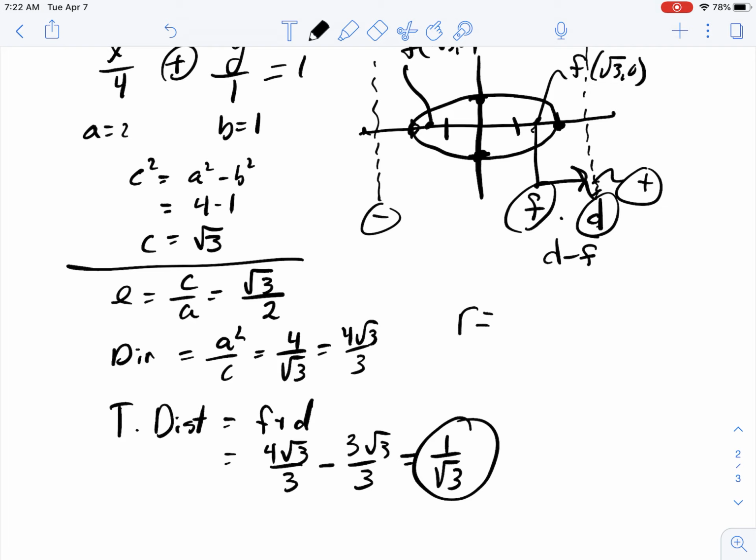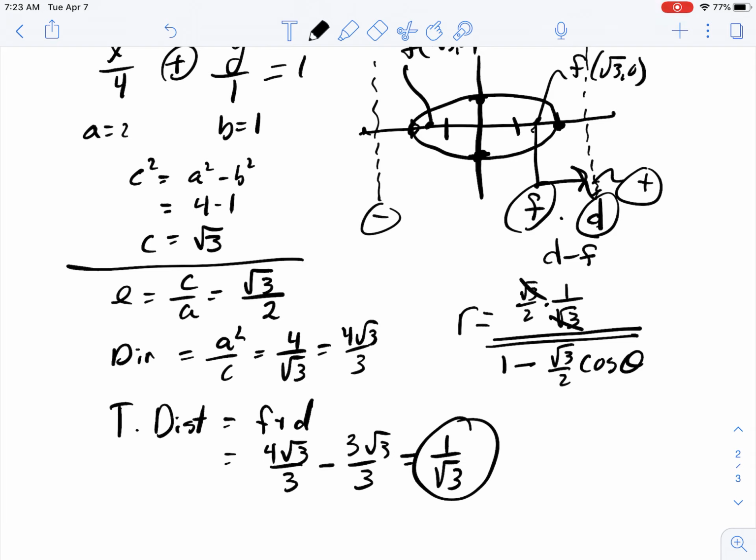All right, plugging this in again. If you have ED over 1 minus e cosine of theta, I multiplied root 3 over 2 times my total distance, 1 over root 3, and then you have 1 minus root 3 over 2 cosine of theta.